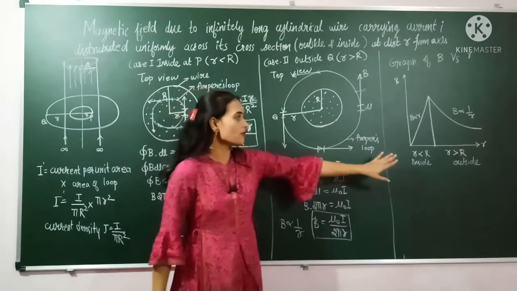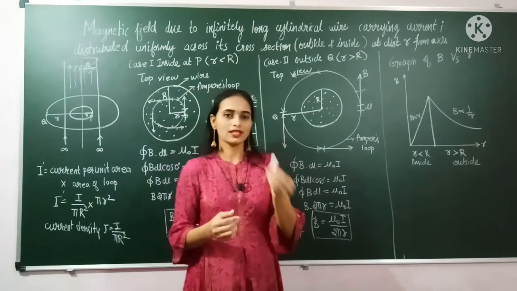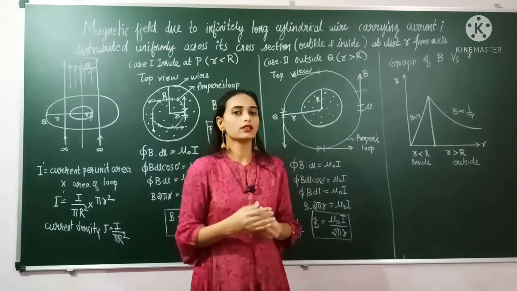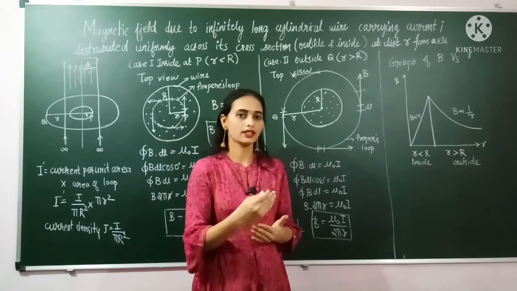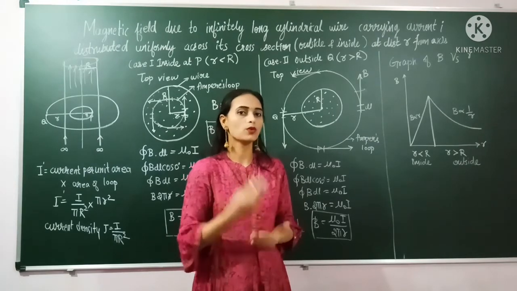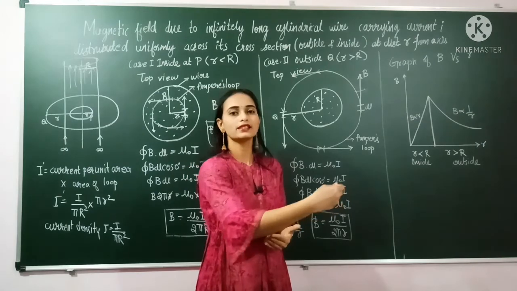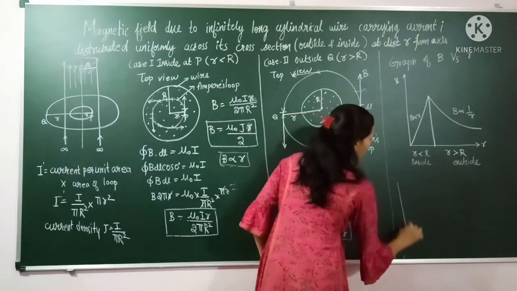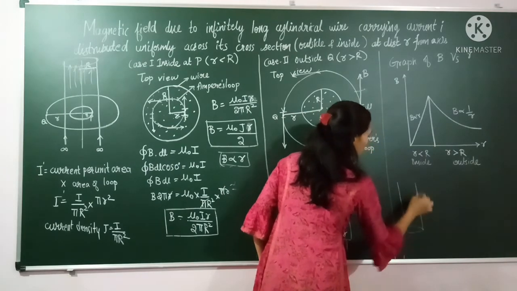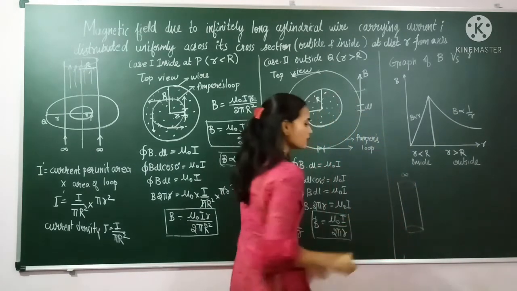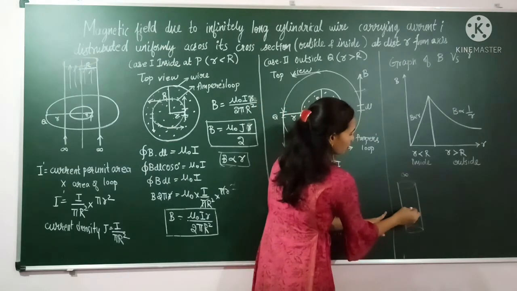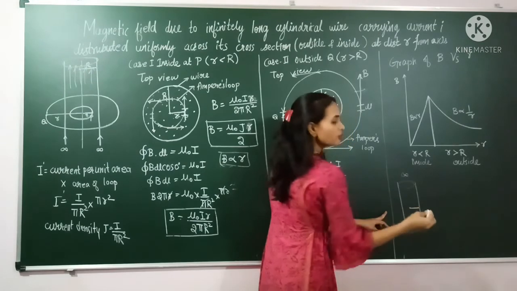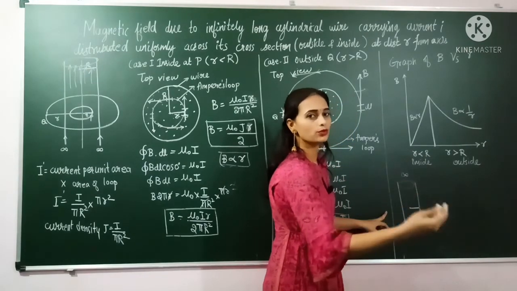Means by this graph what we can understand is, if suppose this is the cylinder, then inside, the magnetic field will be increasing as distance increases, but when you come outside the cylinder, as you increase the distance, the magnetic field will start to decrease. So now in a simple way I will tell you, if this is our cylinder of infinite length, and this is the center, from this center to this end, if you move like this, then we can observe the magnetic field will start to increase.